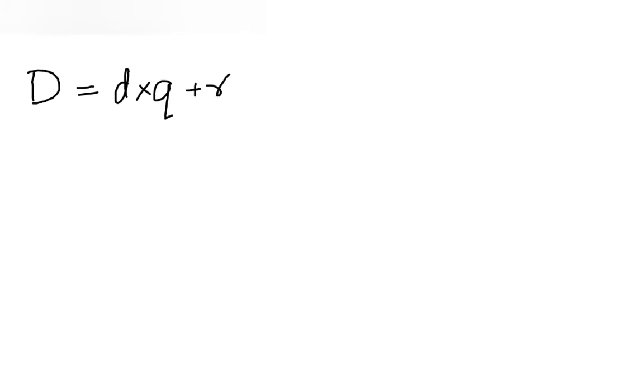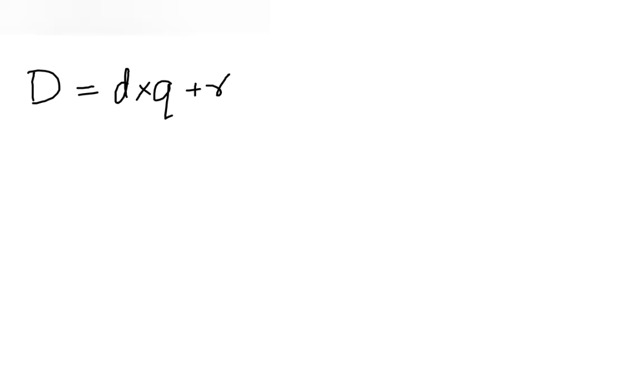Let's just go through the basics here. So we all know that dividend is equal to divisor into quotient plus remainder. Now this is the division algorithm we have been studying since standard 4th, and we also had this in the first chapter though.